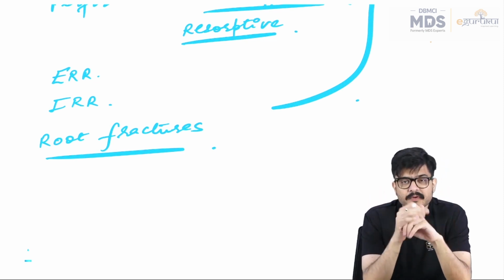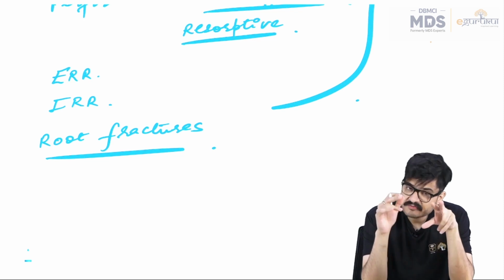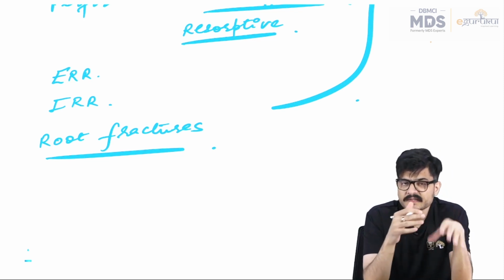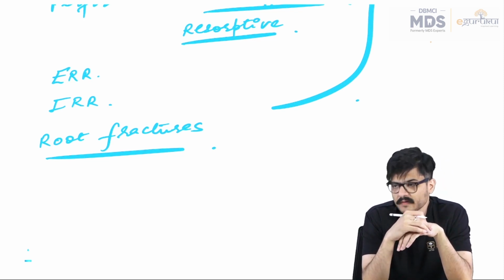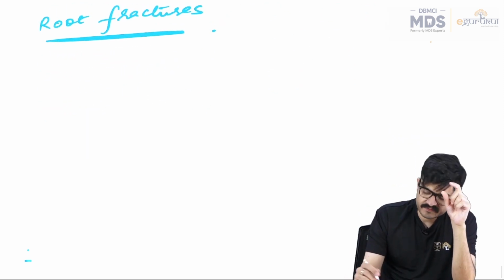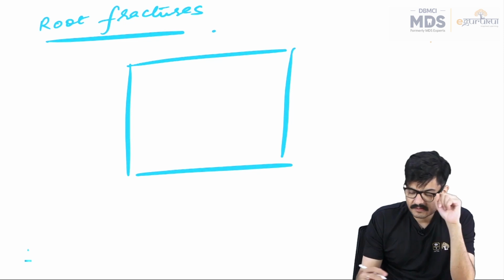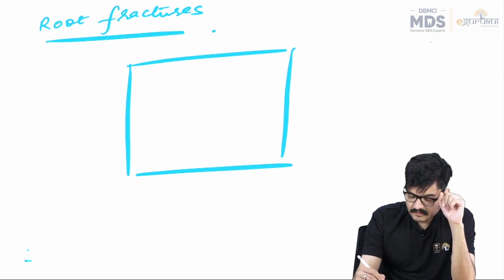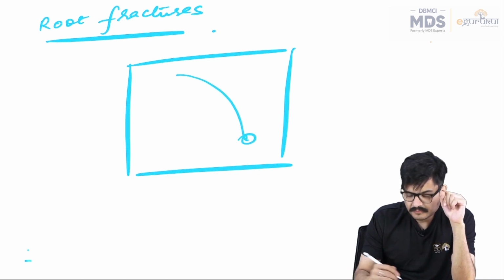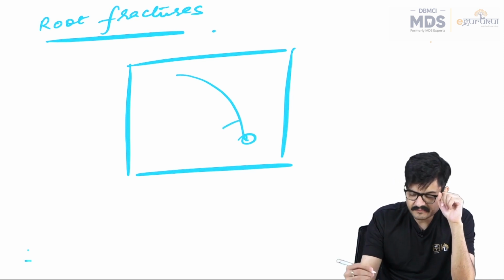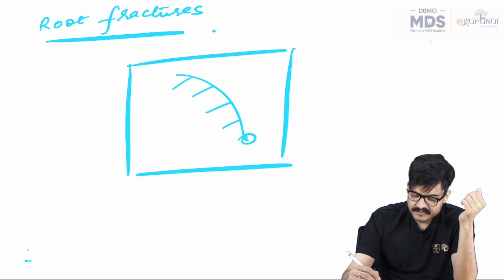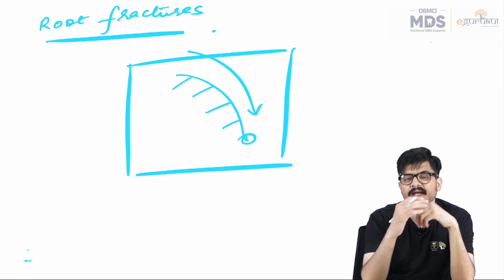Then the next important point, a very important question, a very confusing one, which came about 2 years back in AIIMS, was the zero reading. So if this is my display of my apex locator, right friends, and this is 0, and this is say 0.5, 1, 1.5, 2 mm short, right? So this basically tells you the advancing file.